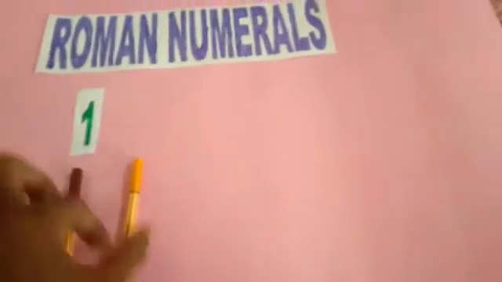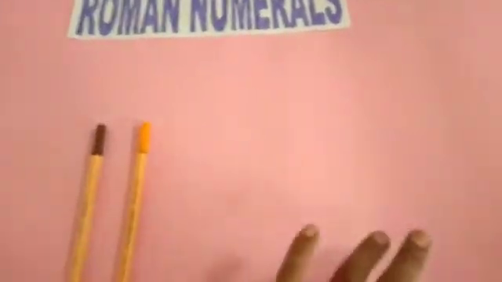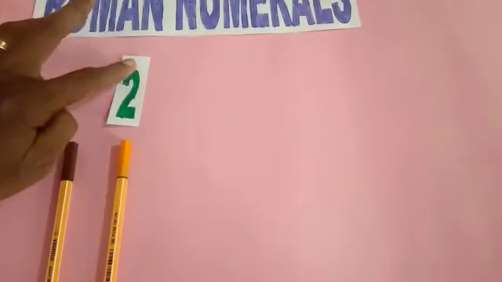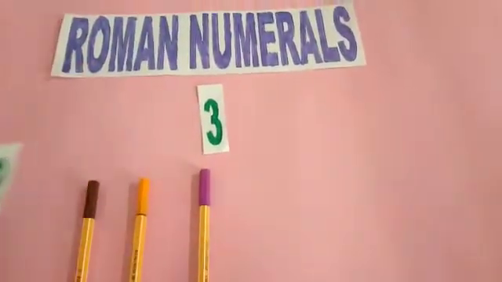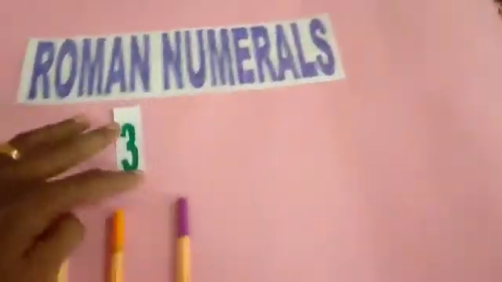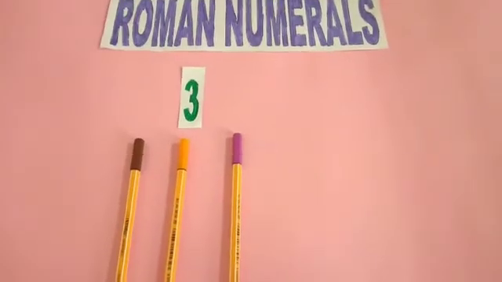Example: we know I means 1. I am adding one more I, it becomes 2. Adding one more I, now it becomes 3.